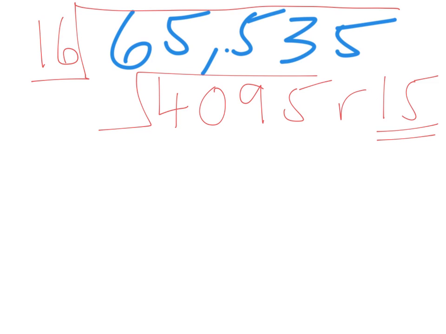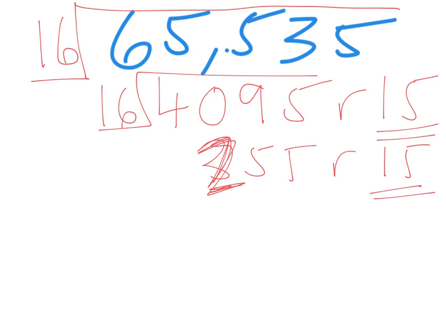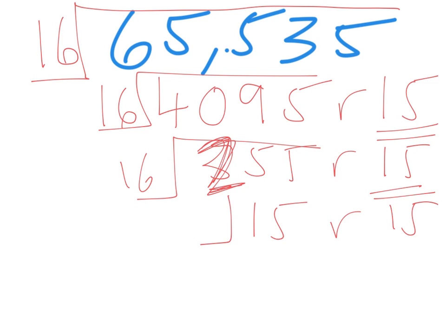Then we repeat the process for 4,095, giving 255, remainder 15. Again we get 15, remainder 15, and then 0, remainder 15.